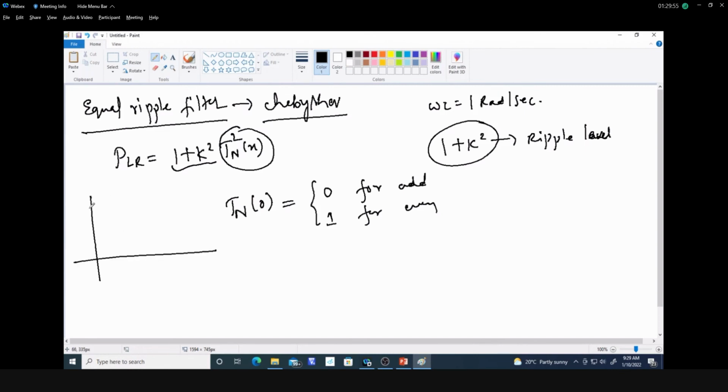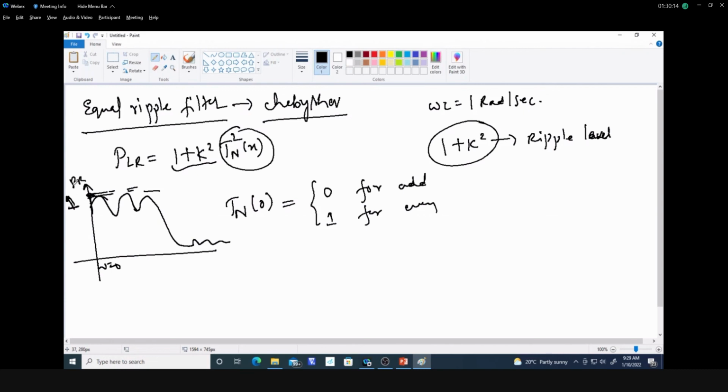That is what we require here also. Something like this is the ripple, and here also in this case, at exactly omega equal to 0, we have the unity power loss. It should start from here, and the value of this is 1.